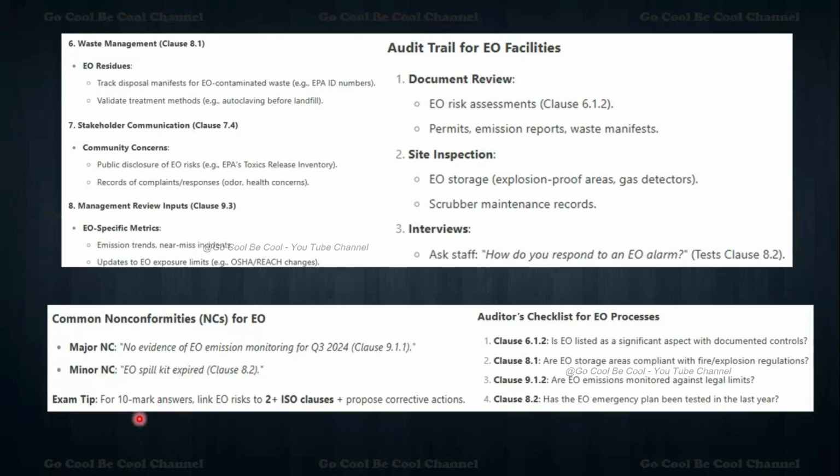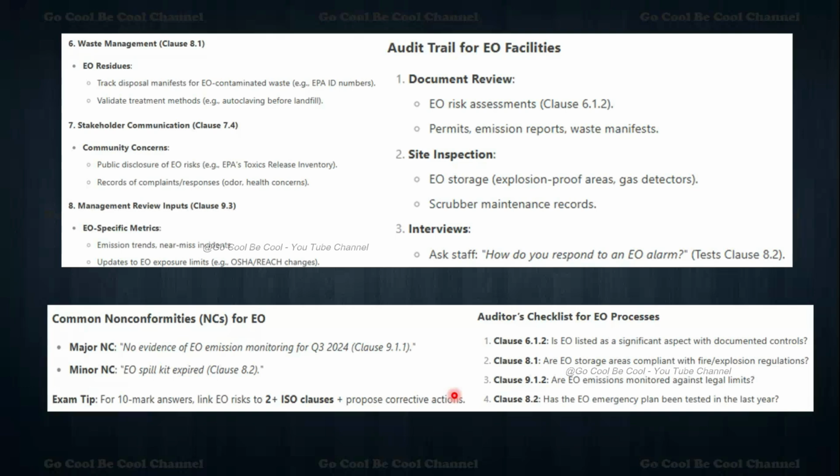The example tip for 10-mark answers: link EO risk to 2 plus ISO clauses, plus propose corrective action also. Most people don't answer corrective action. Here corrective action will be given 2 marks extra, because you know the scenario, you know what is to be done, you have identified the objective evidence, you know the clause also, but you don't know what is to be done further. Corrective action also we have to write out, then 2 marks will be given.